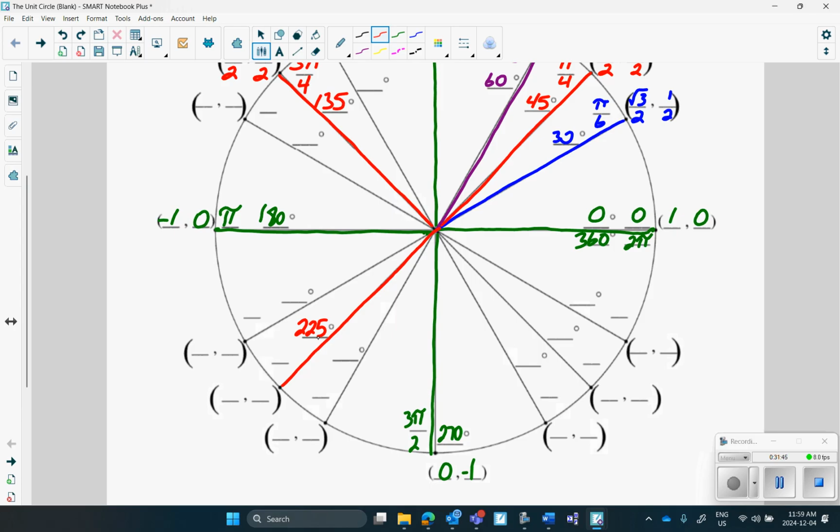And how many radians is that? Again, it's going to be over 4. Right, because this is 3 pi over 4, this is 4 pi over 4, this is 5 pi over 4. And the values are going to be the same root 2 over 2's, except they're both negative.